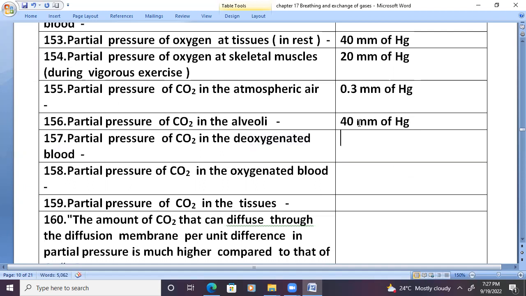In the deoxygenated blood, it is 45 mm of Hg. In the oxygenated blood, it is 40 mm of Hg. In the tissues, it is 45 mm of Hg.